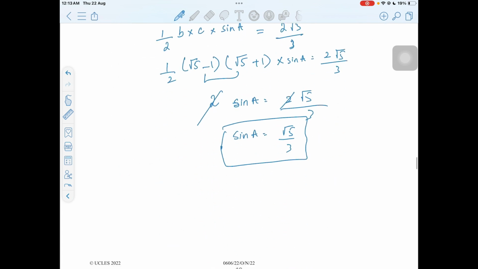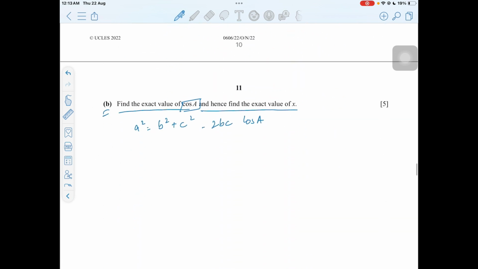So we have our b squared, this would be root 5 minus 1 whole squared, root 5 plus 1 whole squared, minus 2 root 5 plus 1, root 5 minus 1. I have switched it, cos A, and we have our a squared as x, right?